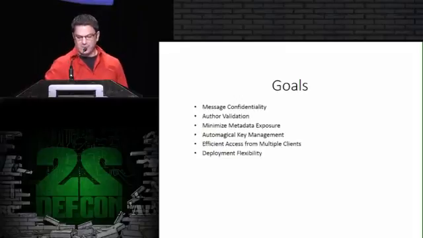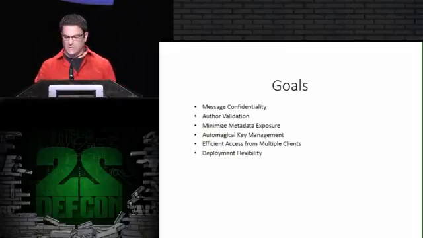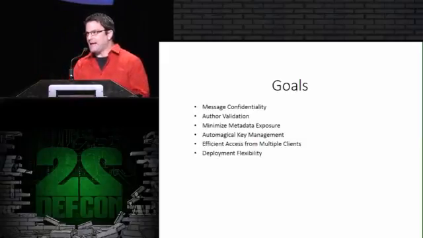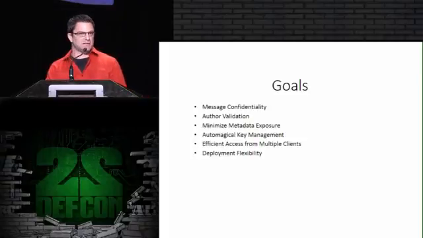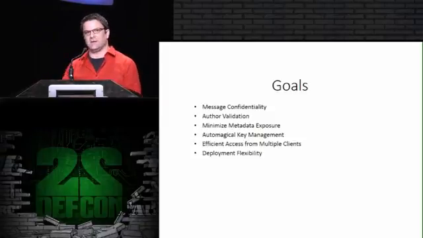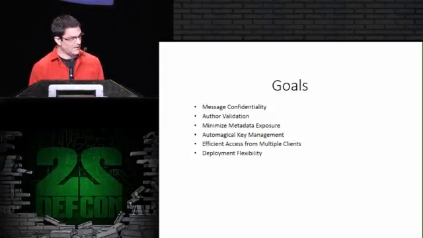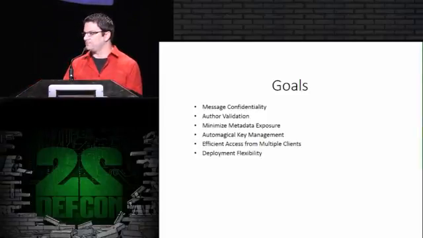And it meant building a system that was both secure, automatic, and could be accessed from different types of clients on different platforms with different types of constraints in the very same way that we access email today. And to build it in a way that can handle internet scale.